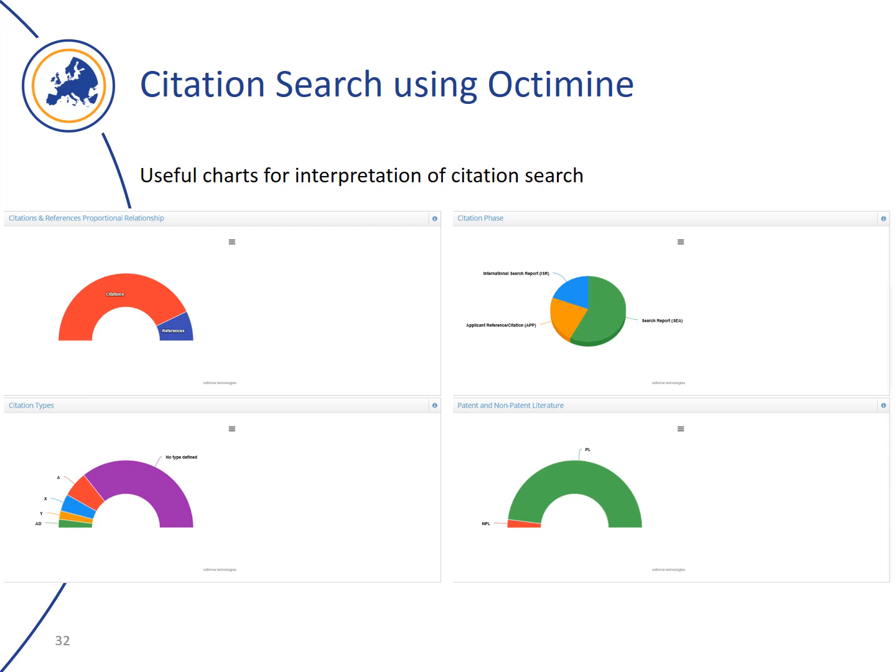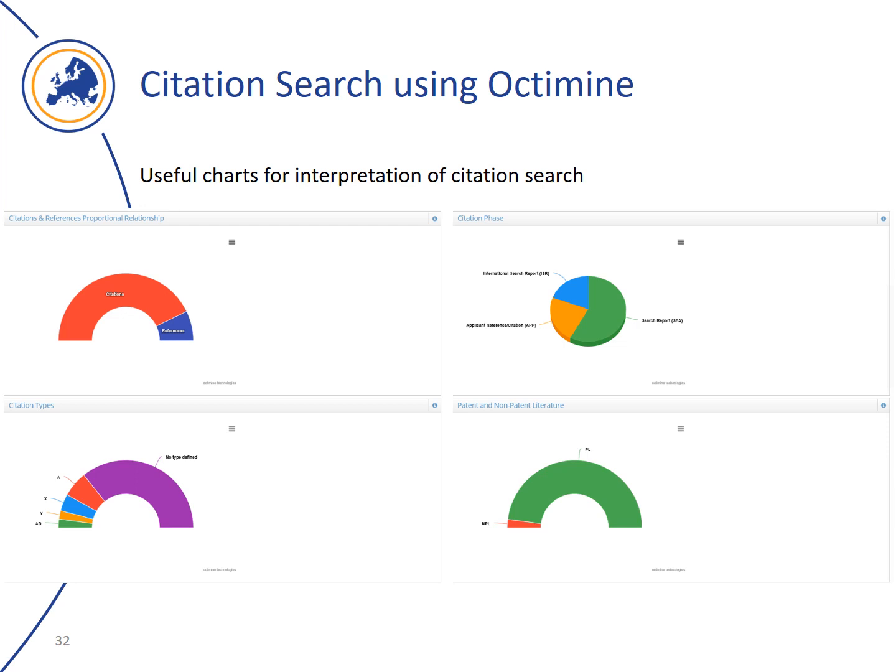There are other useful charts for interpretation of the citation search which are shown here. For instance, here we have a depiction of how many citations and how many references we have. Here in the citation phase we see when the citations have been made or done.